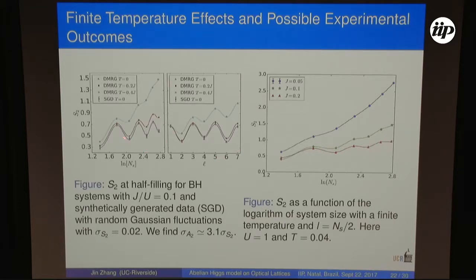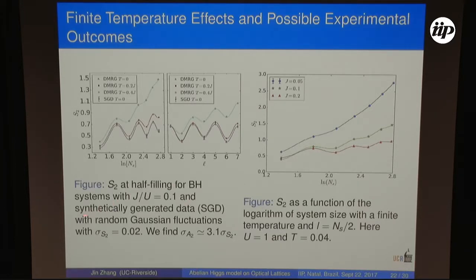For this graph, we want to show the possible experimental outcomes because we haven't done the experiment. We just simulated it numerically.